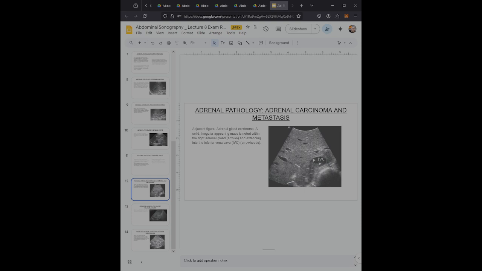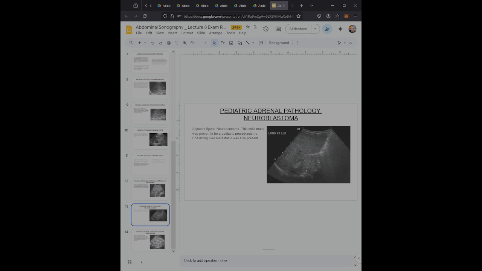Sonographically, we would see a solid hypoechoic mass or a large heterogeneous mass, one of the two. Here we have an adrenal gland carcinoma, a solid irregular appearing mass noted within the right adrenal gland, extending into the inferior vena cava, so there is a mass extending into the IVC.